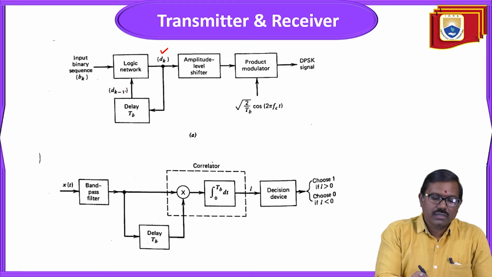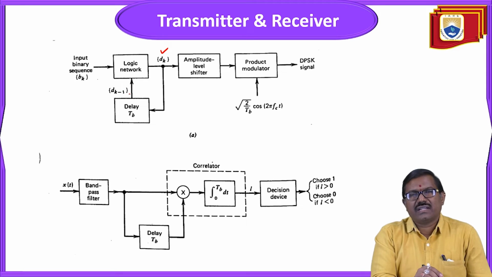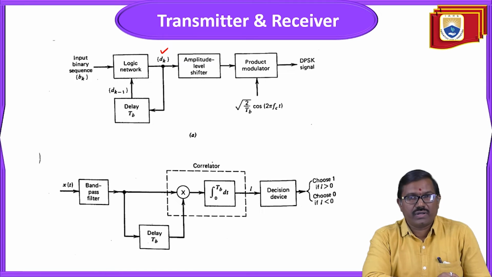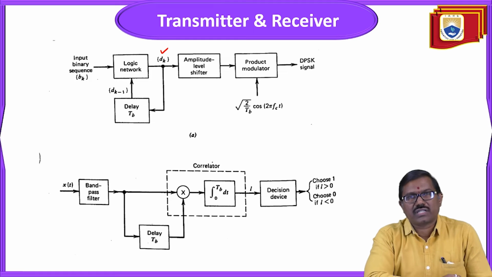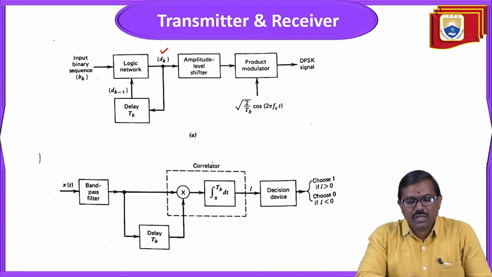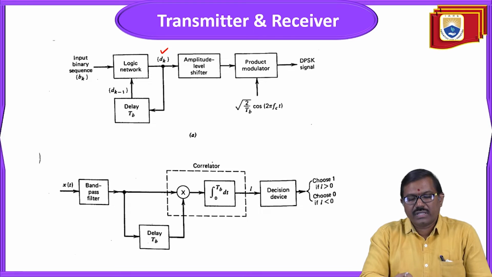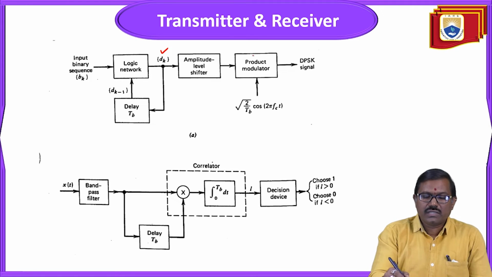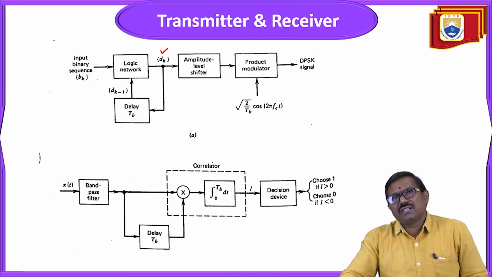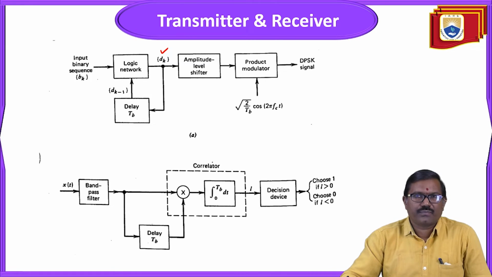By using the previous DK, the previous bit of this differentially encoded sequence, and here we are using a logic network. Then it is applied to the amplitude level shifter, then the product modulator. So this half part is differential encoding and the remaining part is ordinary PSK.